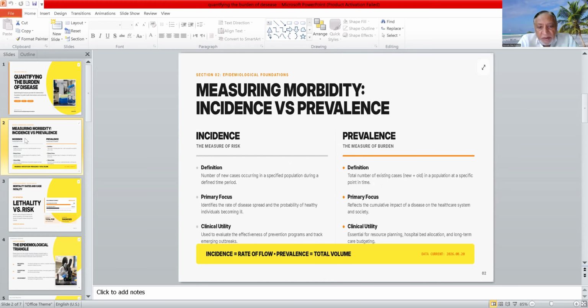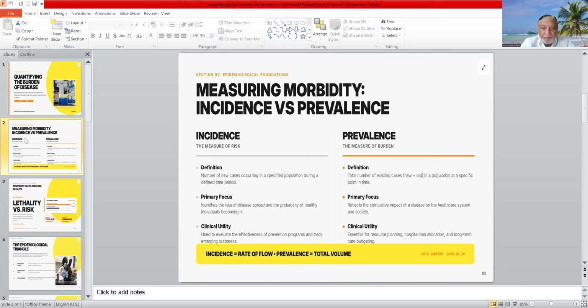These are the definitions, and the primary focus of incidence is the rate of disease spread and the probability of healthy individuals becoming ill, while the primary focus of prevalence is that it reflects the cumulative impact of the disease on the healthcare system and society.